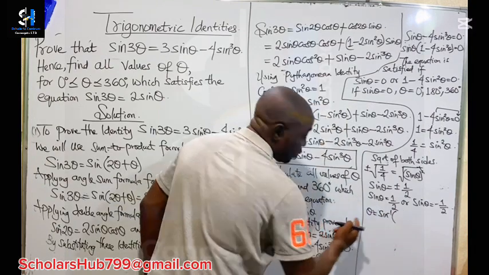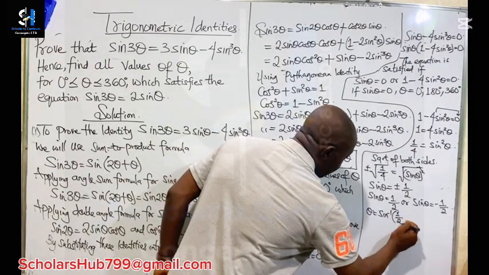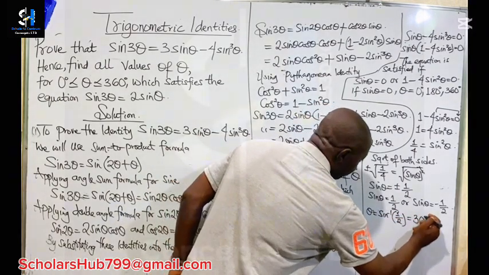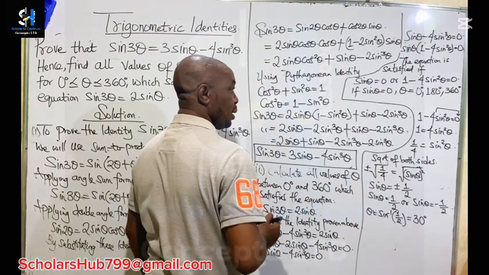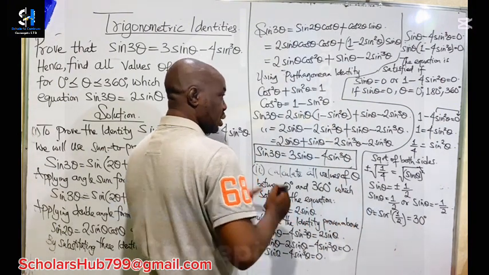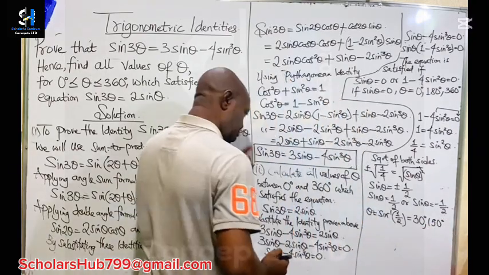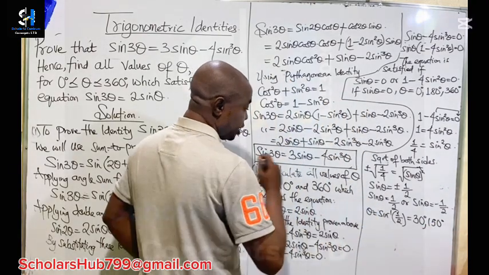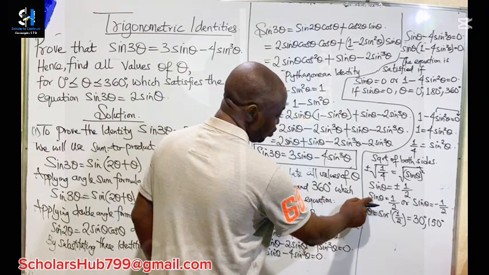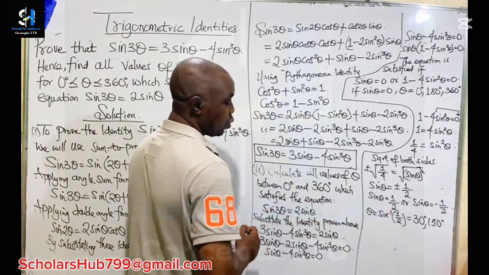When we look for the arcsine of 1/2, it will be 30 degrees, and also in the second quadrant it will be 150 degrees. So these are the two possible values of theta when sine theta equals 1/2.